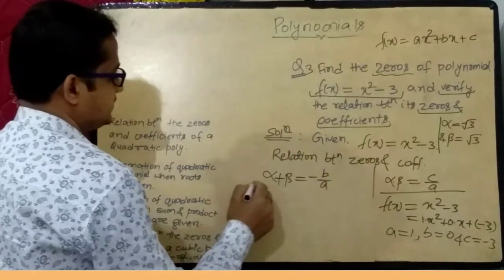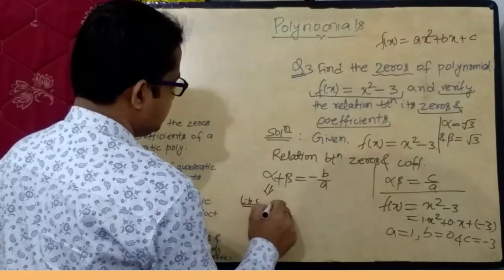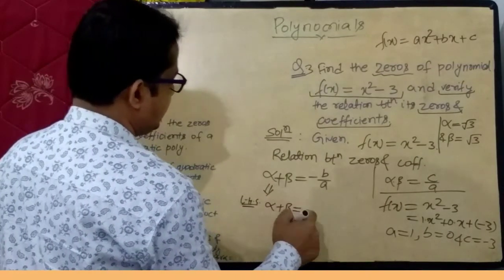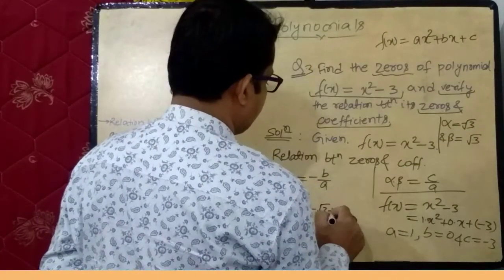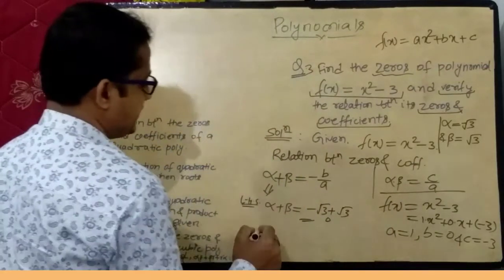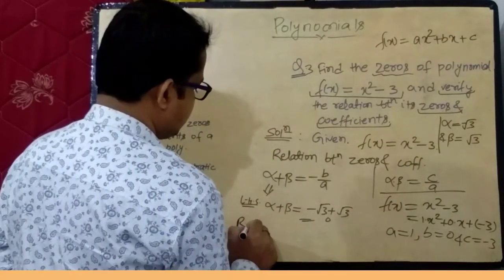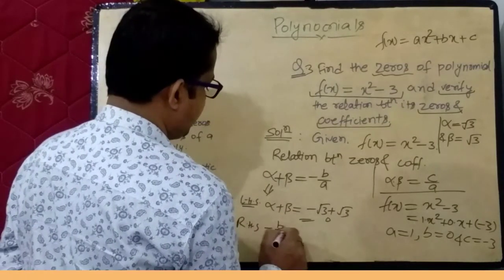Now the LHS of this relation is alpha plus beta, and alpha plus beta from here is minus root 3 add root 3, that is 0. The RHS of this relation is minus b upon a.